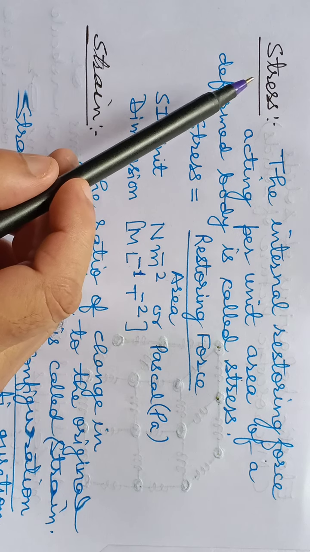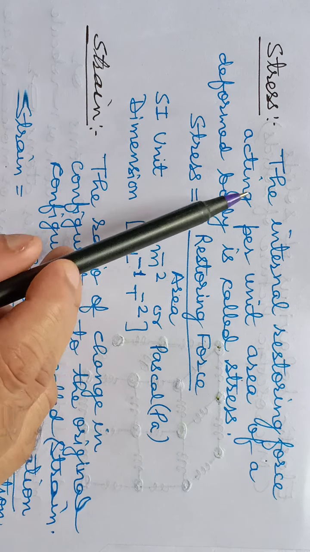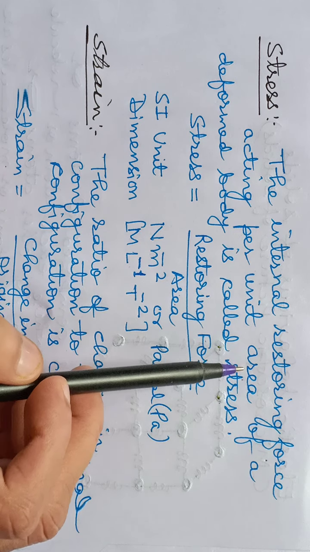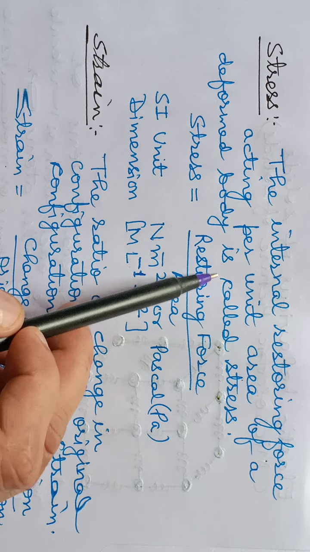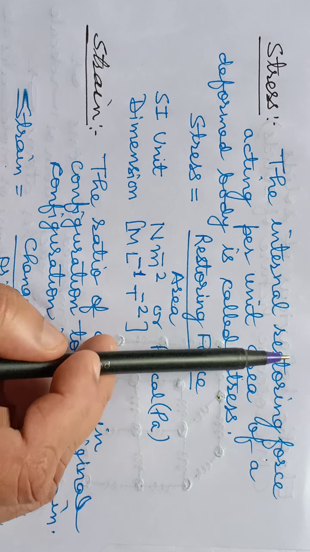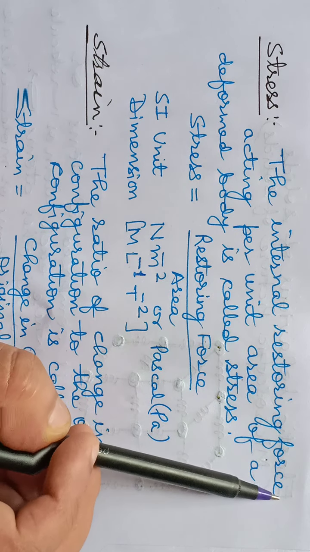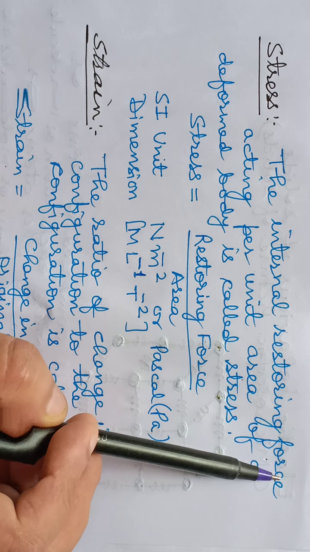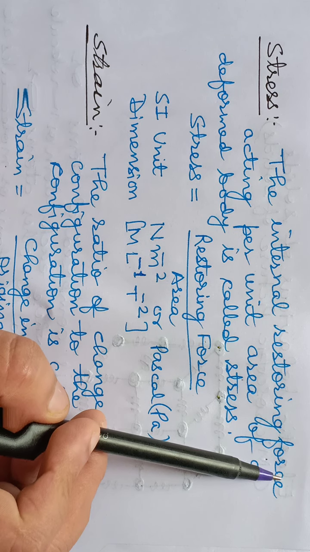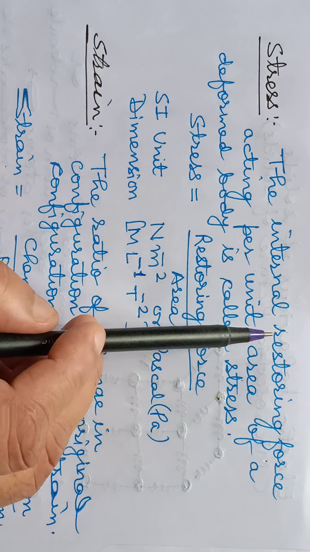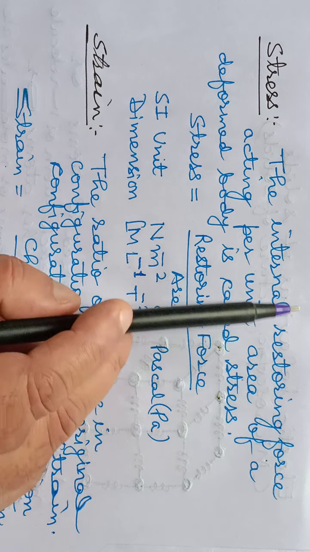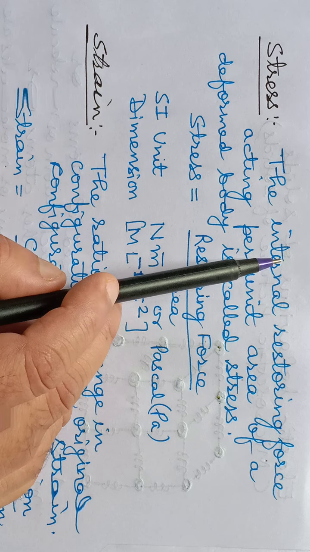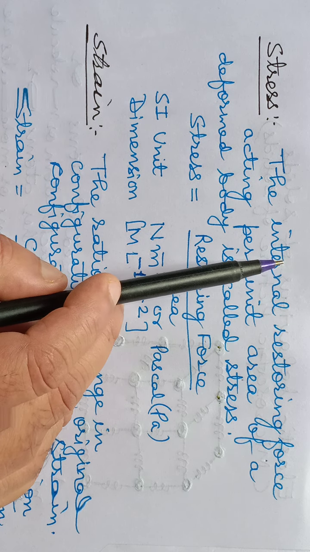Another important concept is stress. The internal restoring force acting per unit area of the deformed body is called stress. Recall, this is the internal restoring force that the spring was applying in response to an external load or weight, or the interatomic or intermolecular forces were applying in response to compression or stretching.